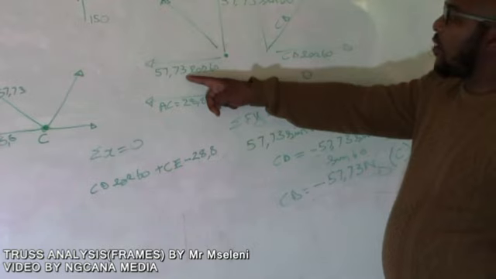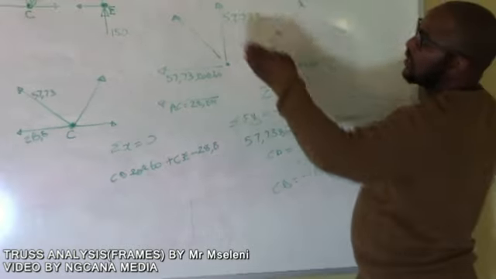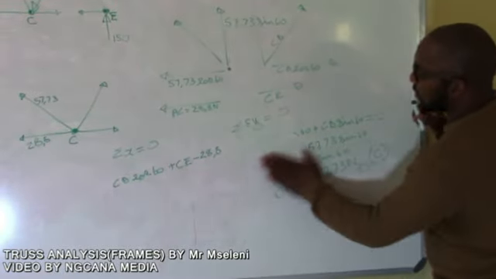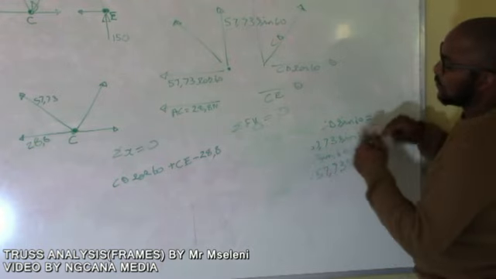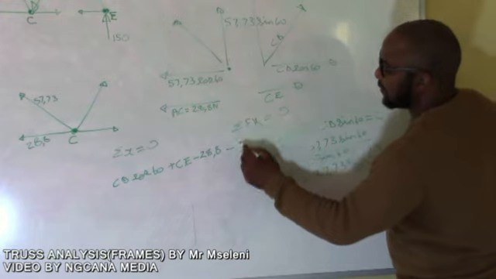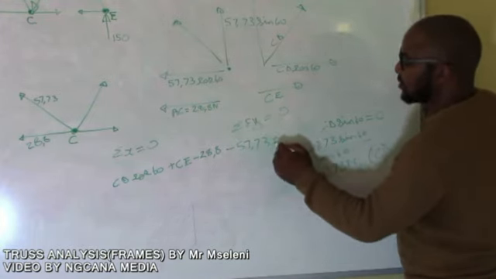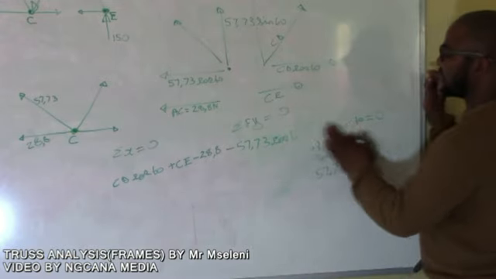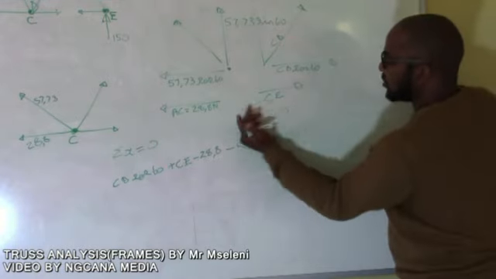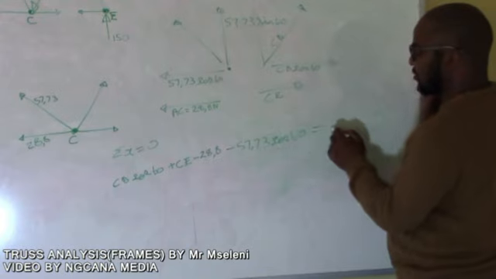And we also have our 57.73 cos 60, which is the component of CB. We have our CB coming on this side, minus 57.73 cos 60 degrees equals 0.